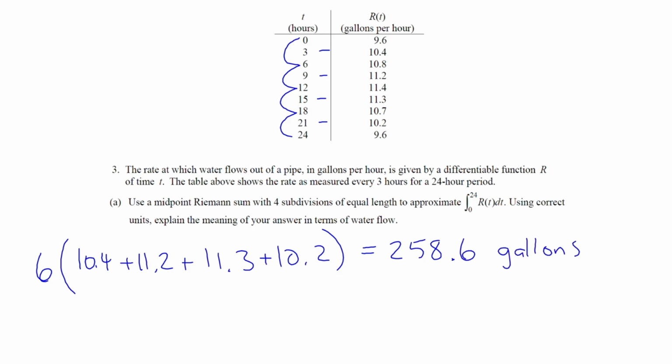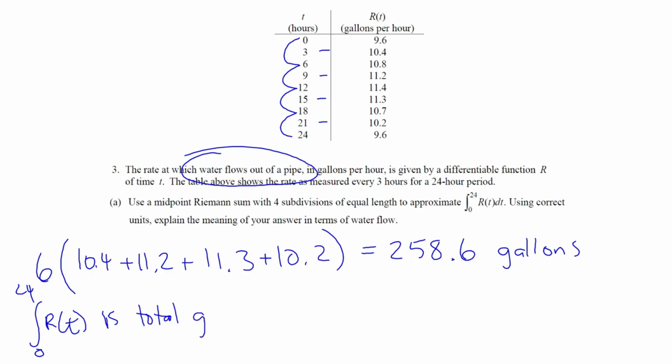And what this means, since we've integrated a rate, is the total amount of whatever this rate is about, which is water flowing out of a pipe. So the integral from 0 to 24 of R of t is the total gallons of water. And in fact, it asks the meaning of our answer, which isn't the integral.